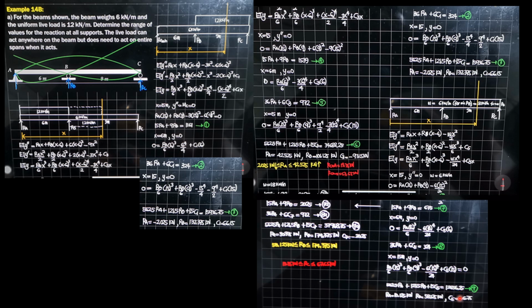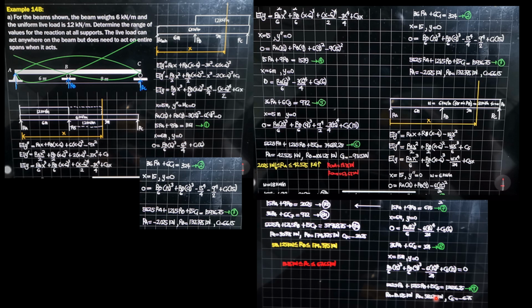That's the value there. Then solving equations 7, 8, and 9 simultaneously, we get RA 10.125, RB 58.125 kilonewtons. So this is important. This is RB minimum, 58.125.